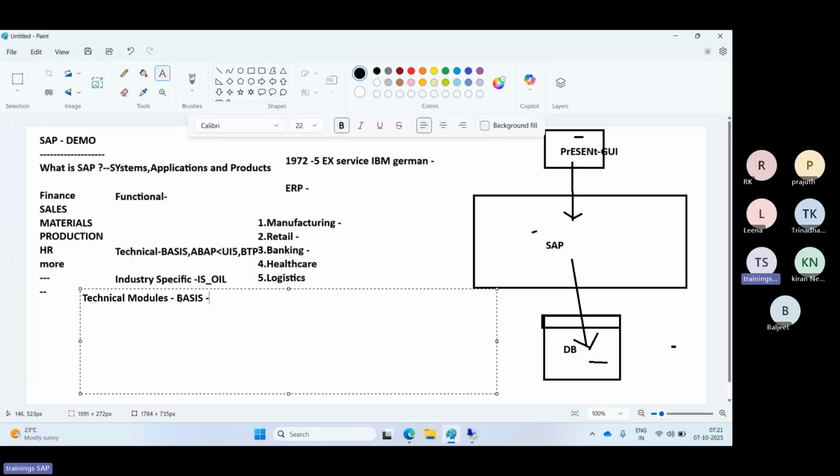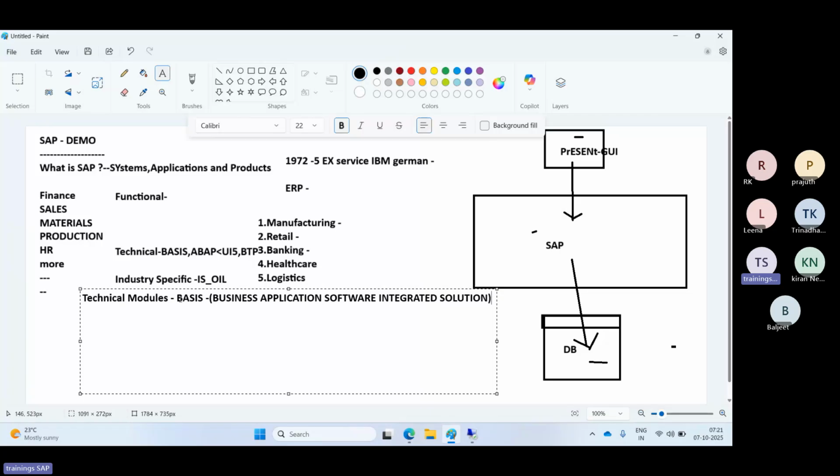We are the basis. Basis stands for Business Application Software Integrated Solution. There is an abbreviation for basis also, so we play a very important role. We are the technical foundation.